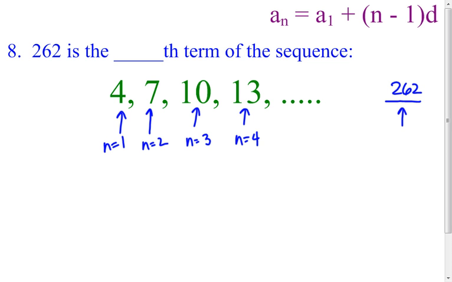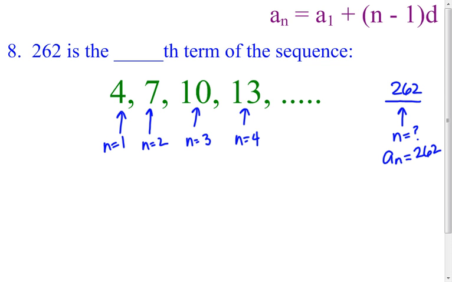In this spot, I don't know what n is. But I know that a_n is 262. I know what number is plugged into that spot. 262 is plugged into that spot, so a_n is 262, but I don't know what spot it is, so I don't know my n.